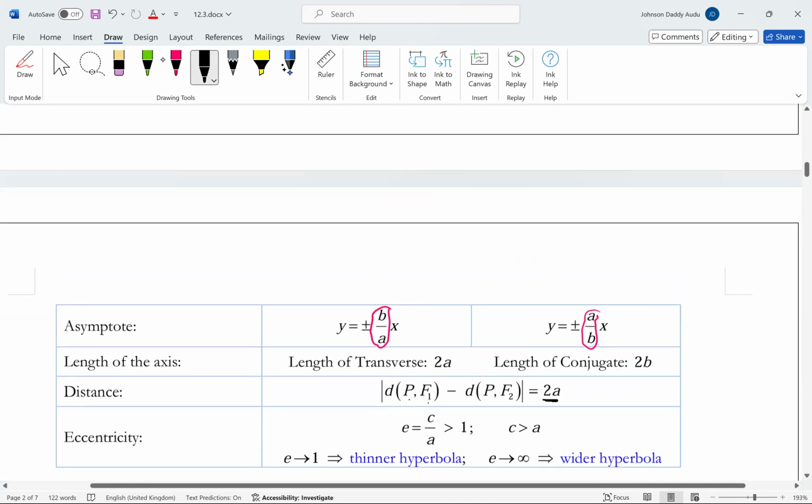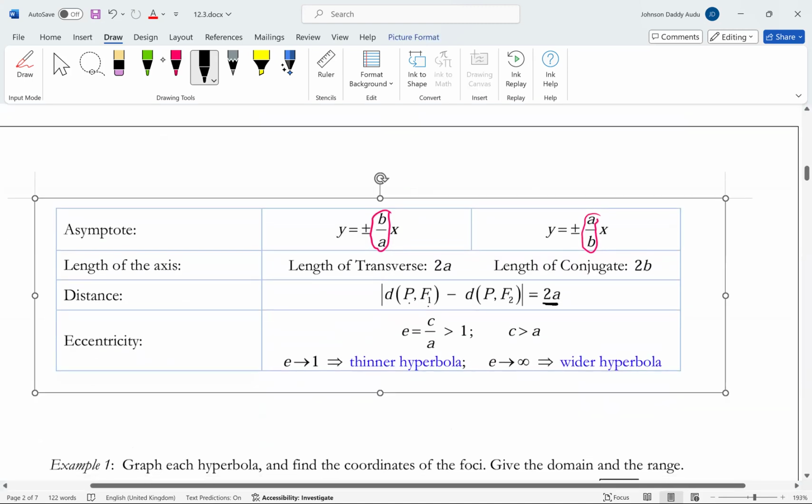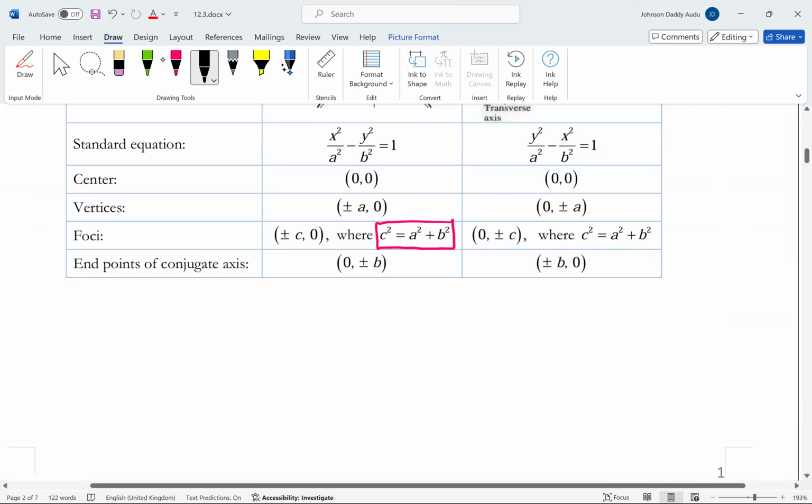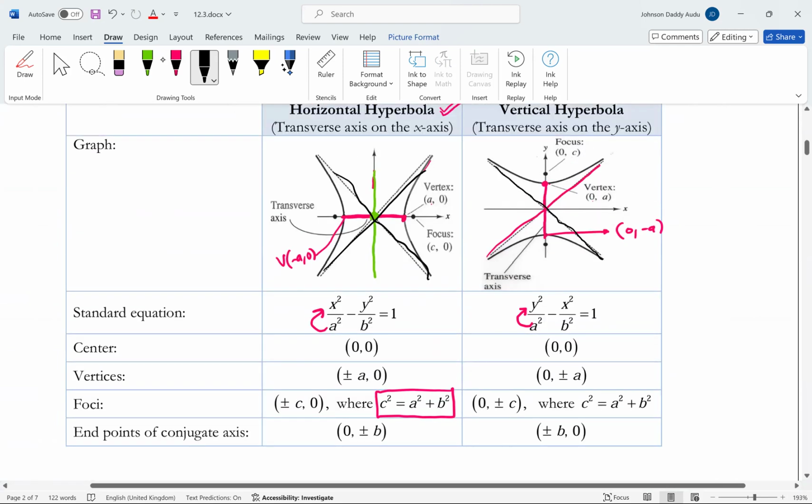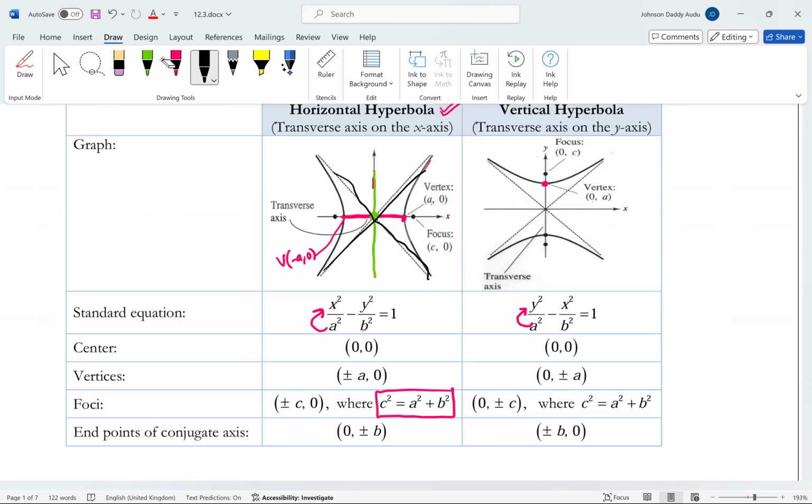So it means if you take any point on a hyperbola, you find the distance of that point to the first focus. Let me just illustrate this from here. What it means is that, for example, if you take any point here, you find a distance. You can find the distance from here because this is your F1, maybe this is your F2. So you can call this P, call this F1, and call this one F2.